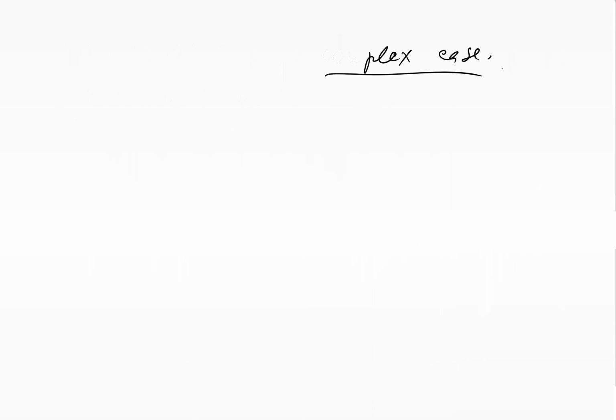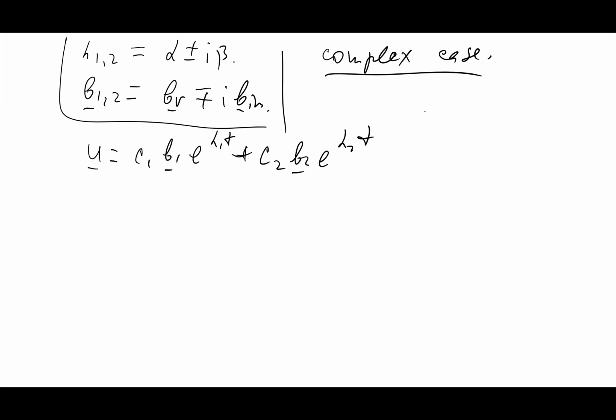So again, we still have U equal to C1 B1 e to the power of lambda 1 t plus C2 B2 e to the power of lambda 2 t, but we can use Euler's formula. e to the power of lambda t, say lambda 1 t, would be e to the power of alpha t times cosine beta t minus i sine beta t, so Euler's formula.